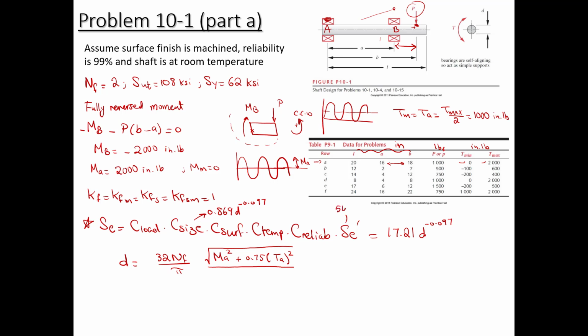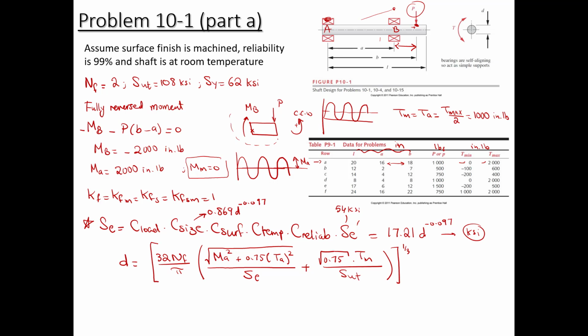SE prime was 54 KSI, so this will actually give me KSI, and this is inch pound, so to have the right units, let's leave it as SE, which is a function of D, plus we don't have a mean value for the moment, so it's the square root of 3/4, 0.75 times the mean value for the torque divided by SUT, raised to 1/3.